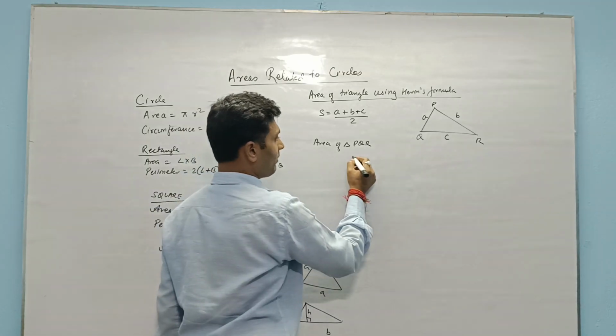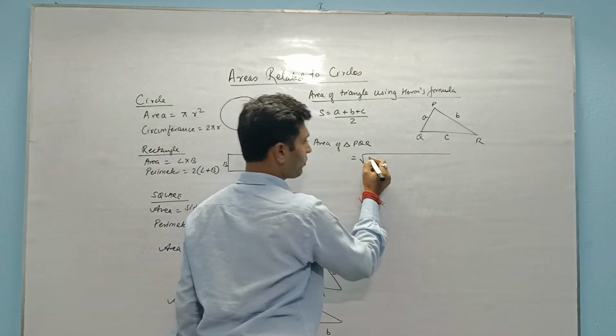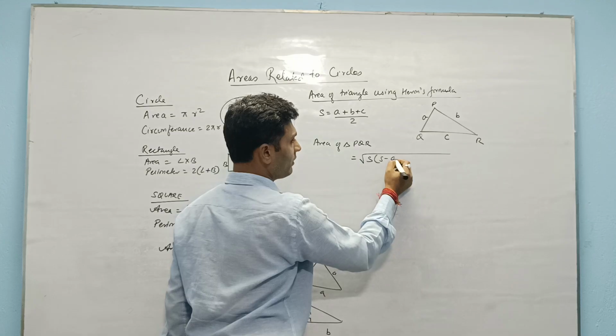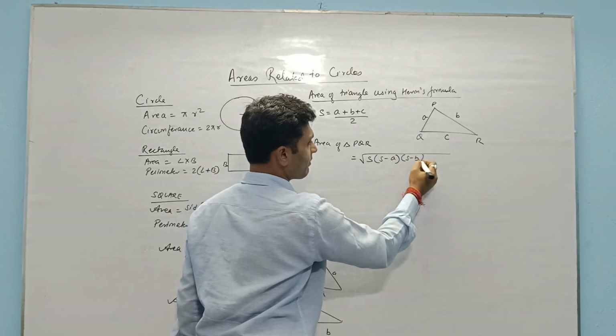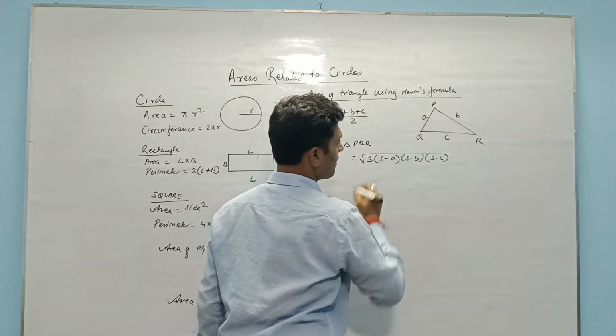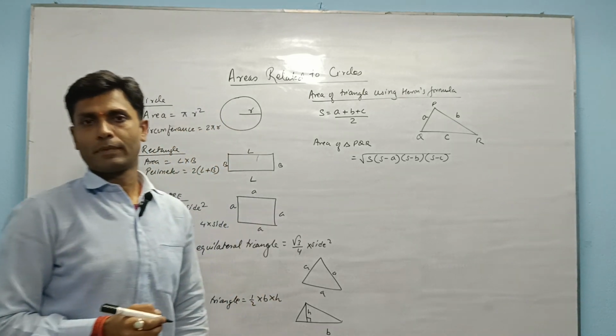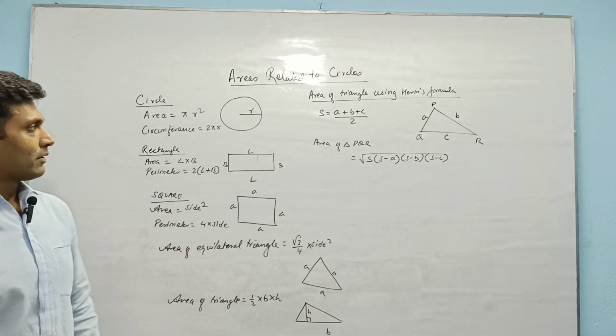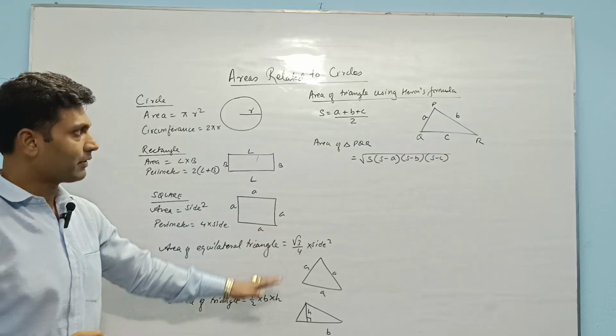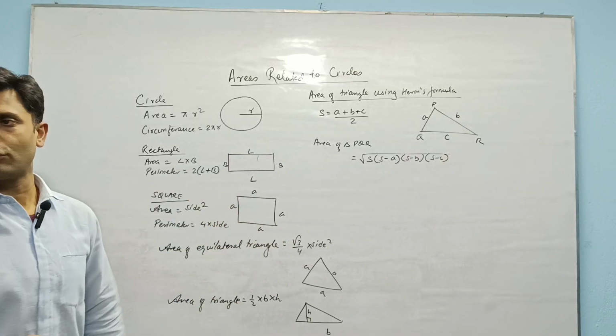So area of triangle PQR will be equal to root over S into S minus A, S minus B and S minus C. Fine. So these are some of the formulas. Then I'll give you some more.